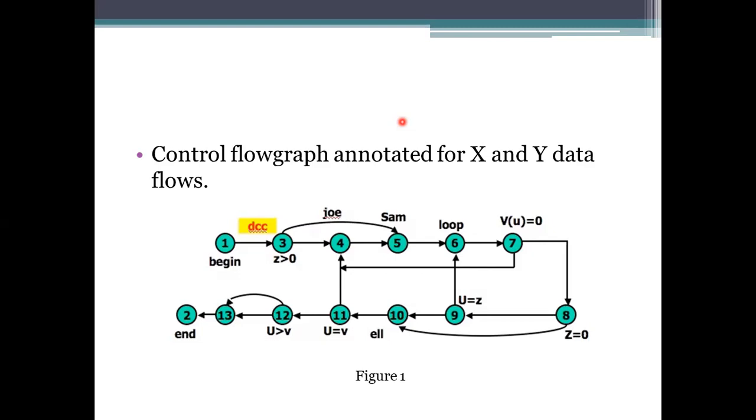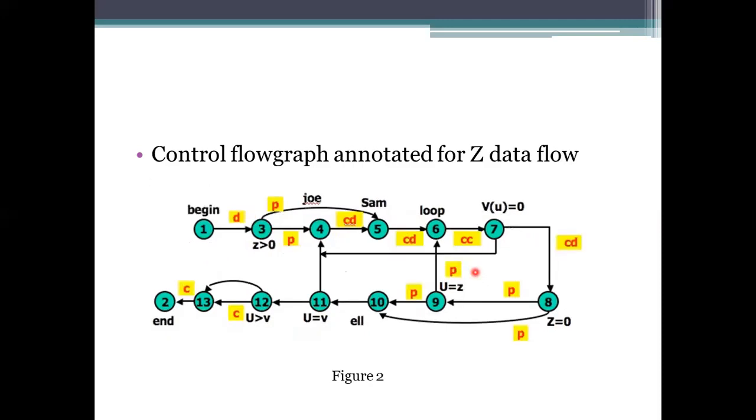So x and y variables have been defined here, and they are being used there itself. Apart from this, whether they are redefined or not, we need to check. In this flow graph, there is no such representation, so there is no other definition for x and y. So x and y variables are defined and used successfully.